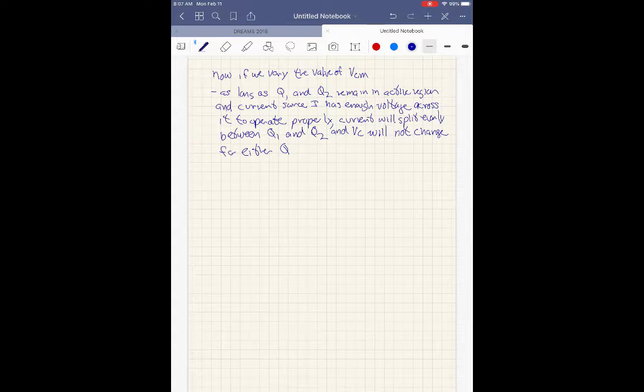Okay, so like magic, changes in common mode input voltages are rejected.